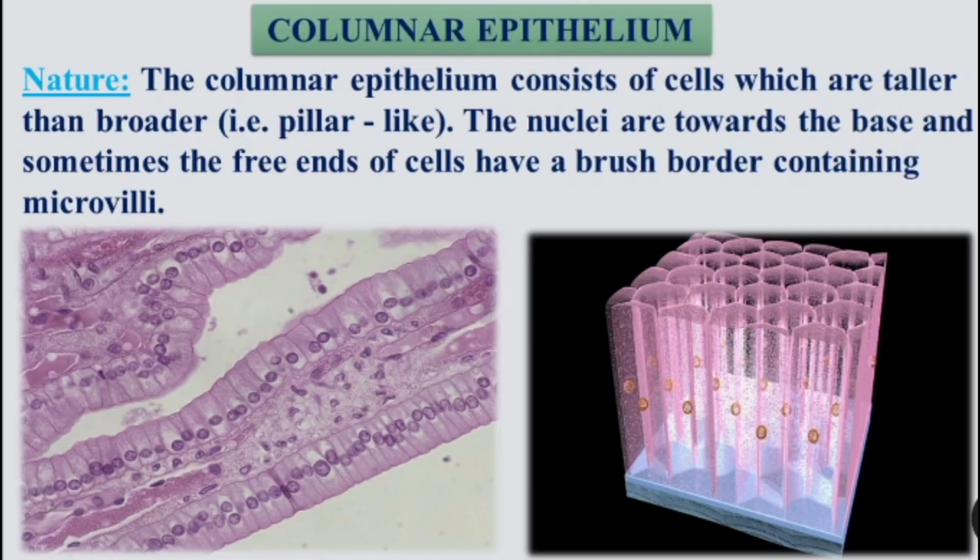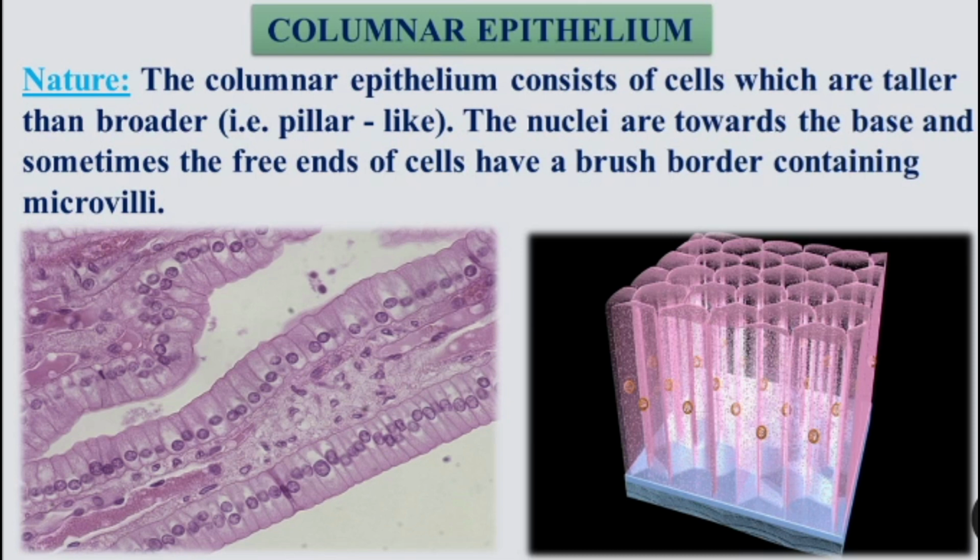The next one, columnar epithelium. Columnar means pillar-like, column-like. It is based on the shape that it is called columnar epithelium. The columnar epithelium consists of cells which are taller than broad.